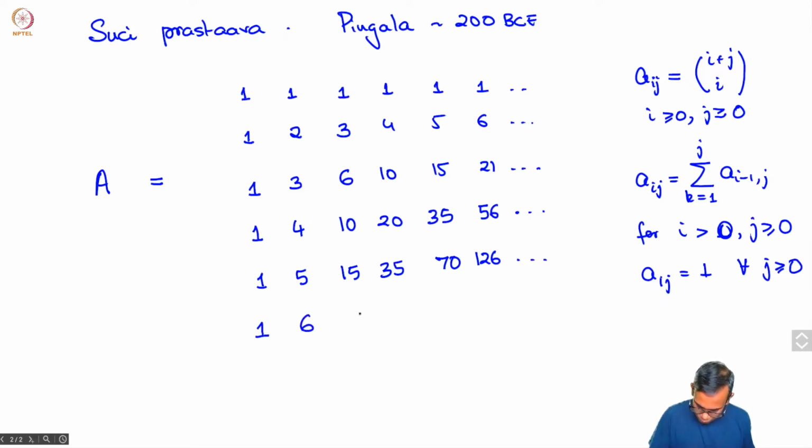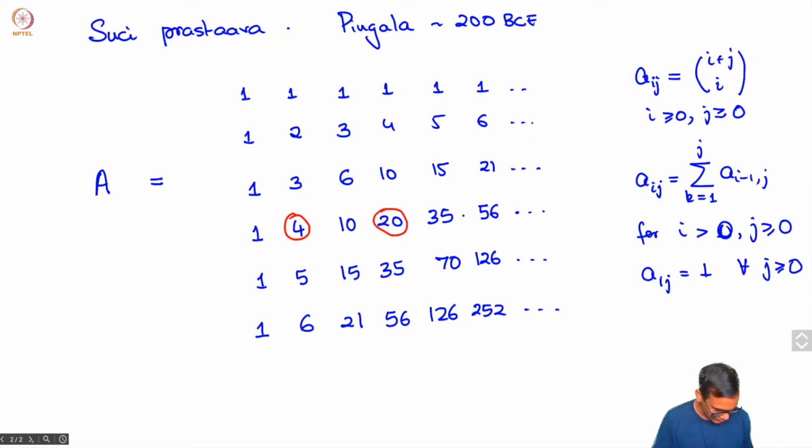I'll just draw one more row here so that I get a nice interesting determinant: 21, 56, 126, and this will be 252, I guess. So we'll be interested in looking at minors of this matrix. We may look at a minor where we choose some rows and some columns.